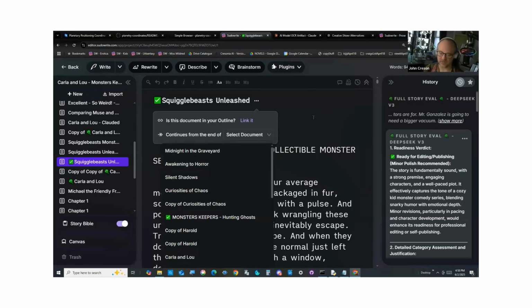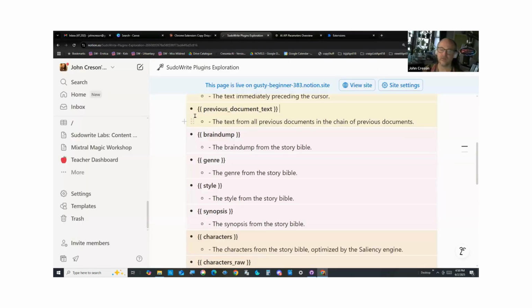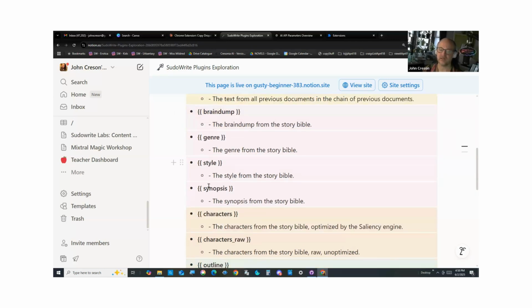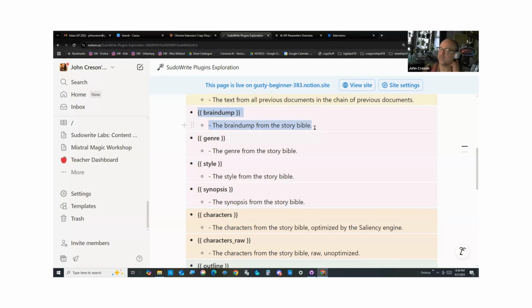And that was sort of what I was trying to get to today, because that previous document, brand new one, is very cool, very strong in terms of the kind of stuff you can do. Brain dump, genre, style, synopsis. I'll point out that brain dump is something that people have hijacked for these types of purposes before, because it's pretty big for what it was at the time.